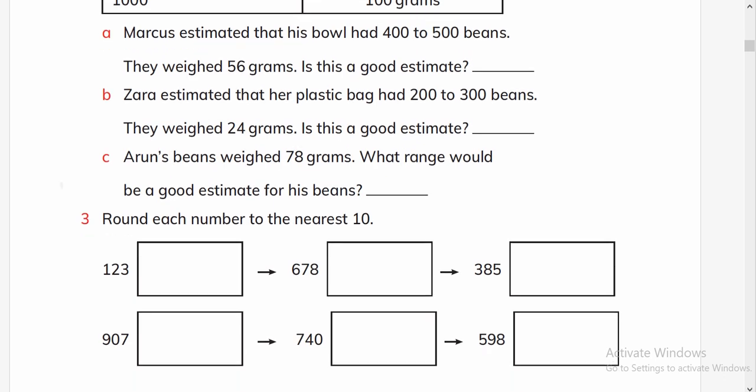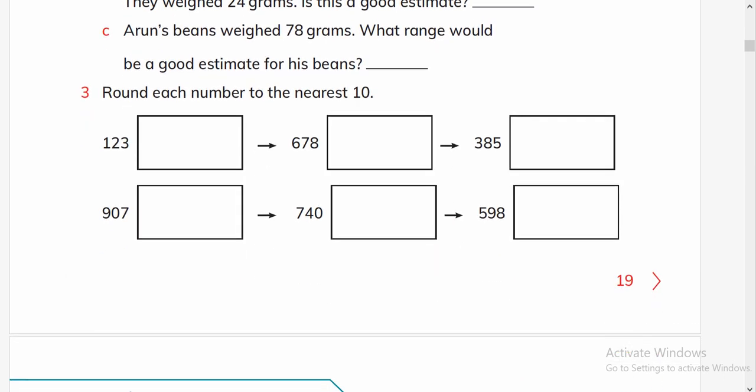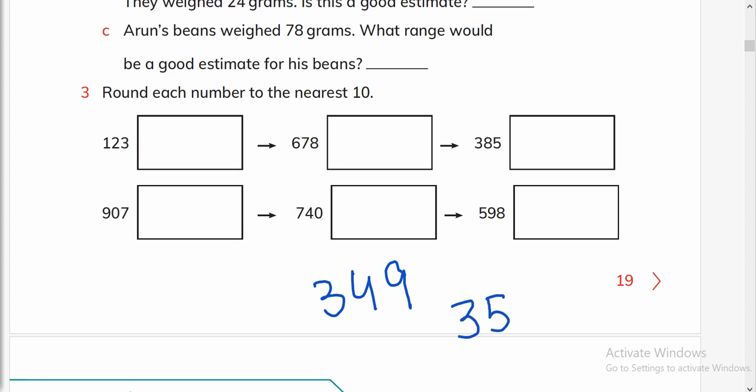Round each number to the nearest 10. Okay, rounding the number to the nearest 10 means that you must have a zero at the end of the number. Like if the number is 349, it should be 350.